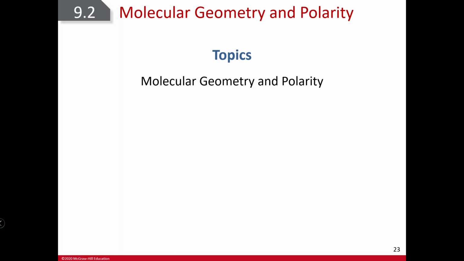So we're going to apply bond polarity to the three-dimensional geometry. We're going to do vector analysis. I'll show you what that means. And then we'll determine molecular polarity. And this is really important because molecular polarity we see on the macroscopic level in terms of melting points, boiling points, surface tension, vapor pressure.